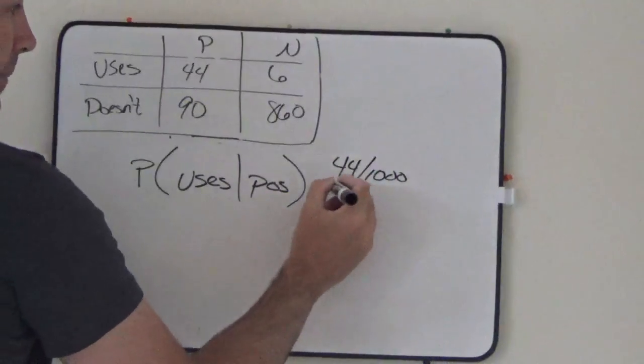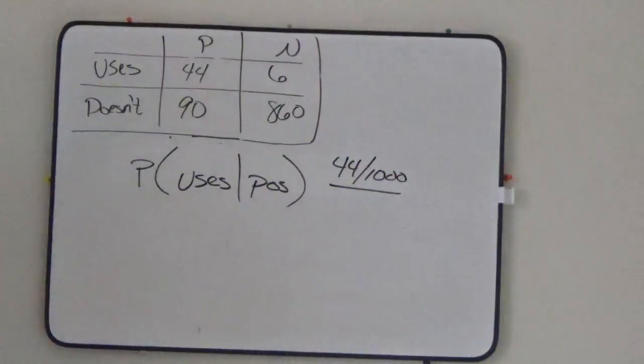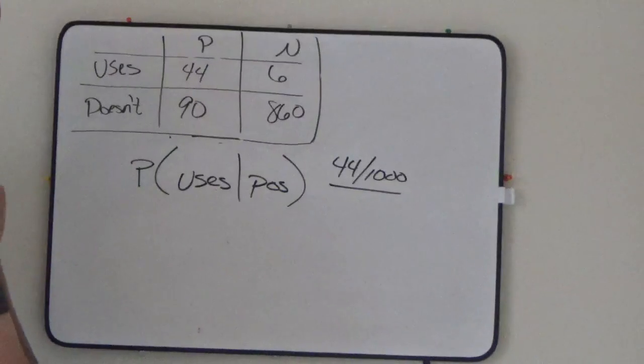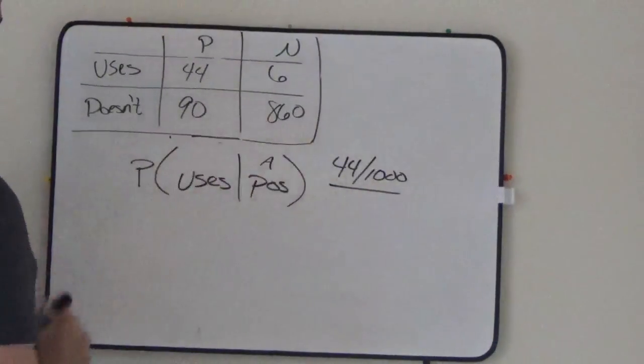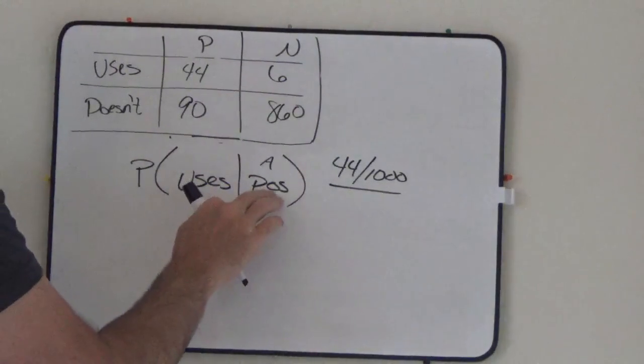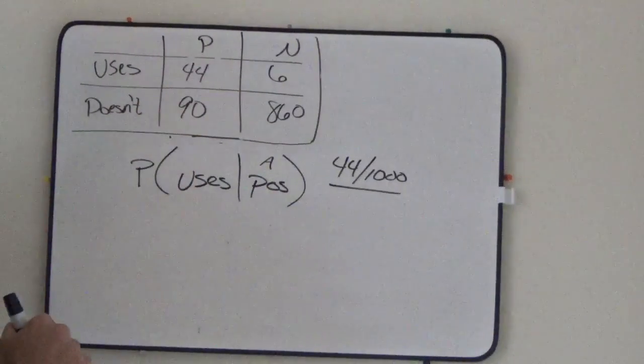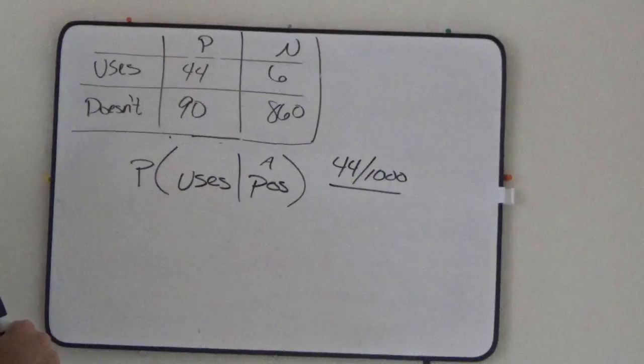We're going to have the same type of situation occur here as in the last one, but there is going to be a difference this time. The probability on the bottom is the probability of just this event here, A. The probability of having a positive, well, these are all the positives, 90 and 44. 90 plus 44 is 134.